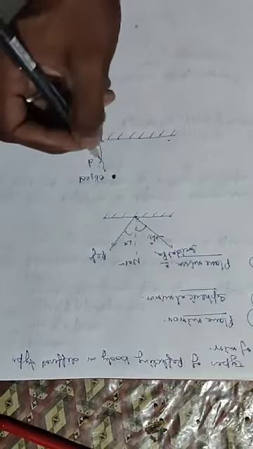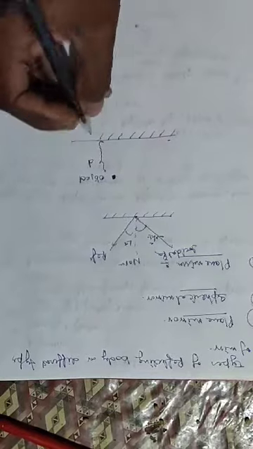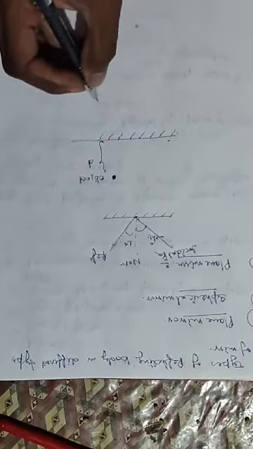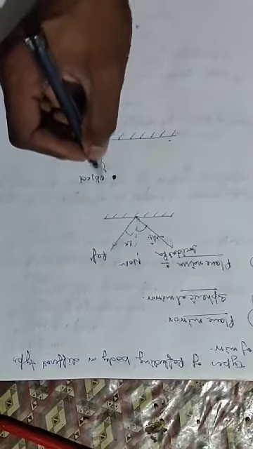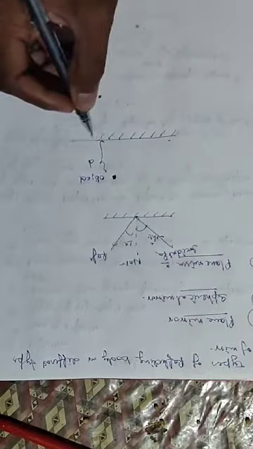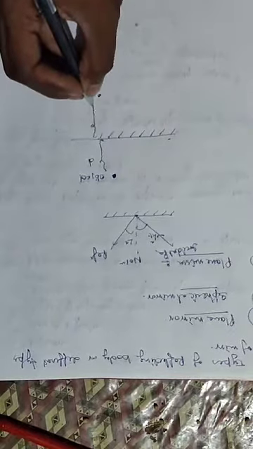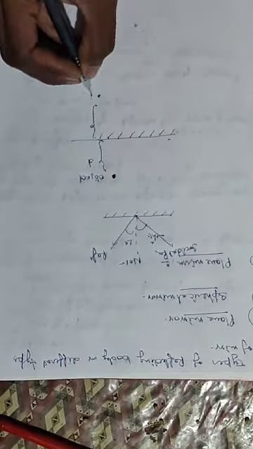The property says that whatever the distance of the object from the plane mirror, at that same distance the image of the object is located.